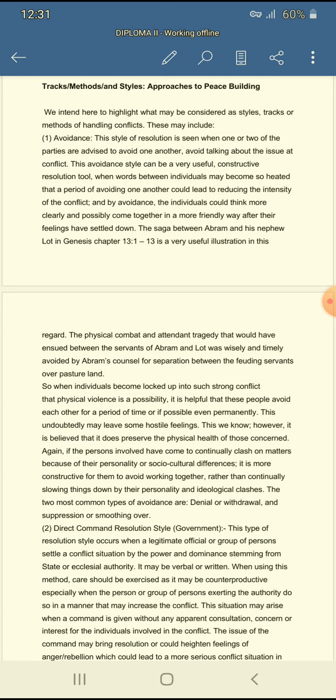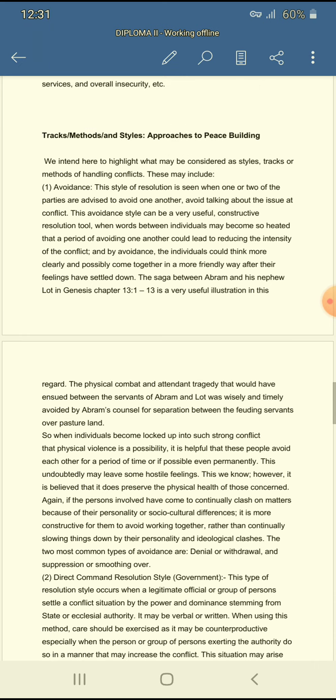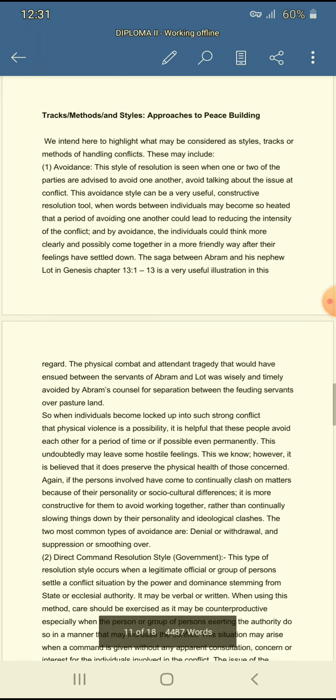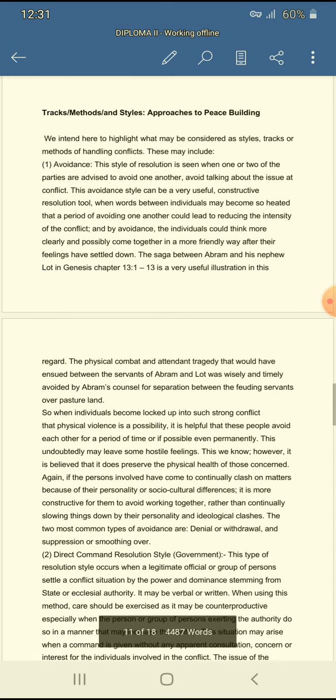And so we want to look at different styles, different methods, and approaches to having this done. We have six that we want to look at today. Number 1 is the avoidance method. The second one is the direct command resolution style, and that involves government.